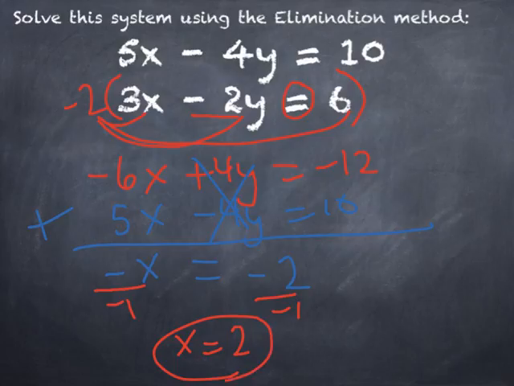So now I had two equations to start with, and both equations had an x and a y. I only have x so far, so what I need to do now is go back up to one of my original equations and substitute. If I went to that first equation, instead of 5x, I'm going to make it 5 times 2. Let me erase some of this so that we have room to write.